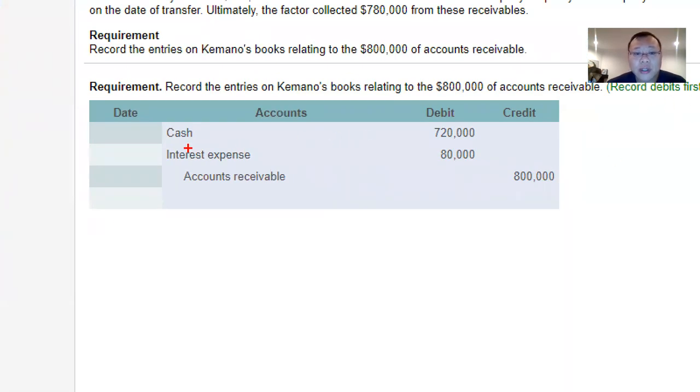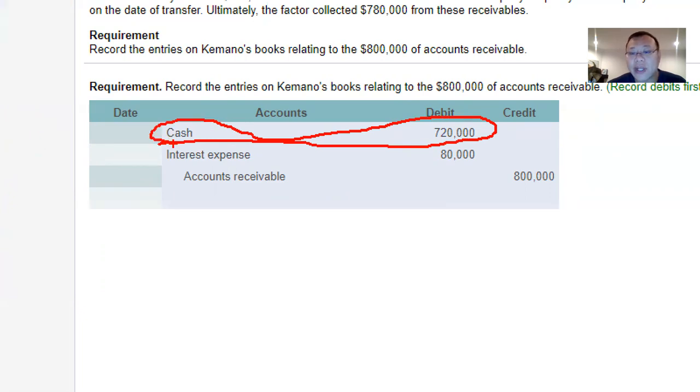So you receive cash of $720,000. This is a very easy journal entry. You debit cash for $720,000. So you credit AR for $800,000, you debit cash for $720,000. The difference is a debit of $80,000.